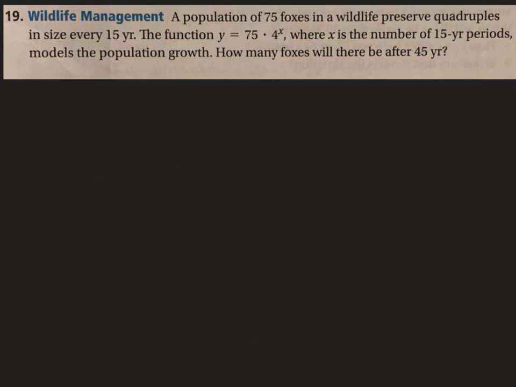Okay, so next one we have, it says a population of 75 foxes live in a wildlife preserve, quadruples in size every 15 years. The function, so again here, they gave us the function of y equals 75 times 4x, which makes sense because it said our initial value is 75 foxes and it quadruples, meaning 4 times, every 15 years.